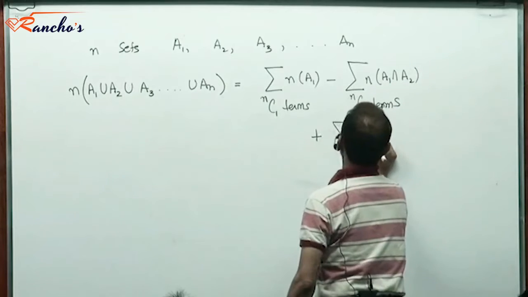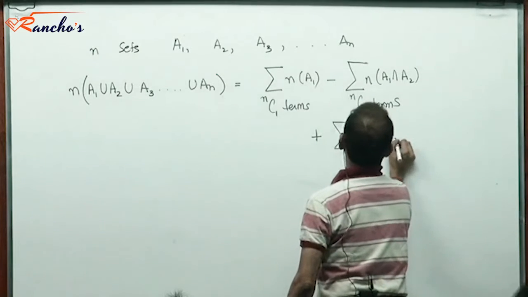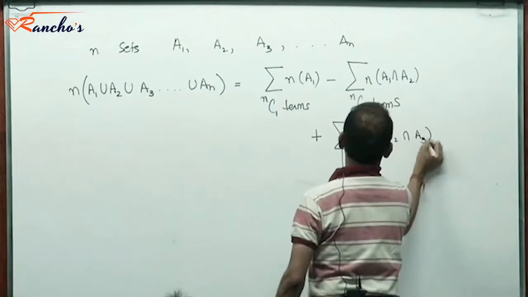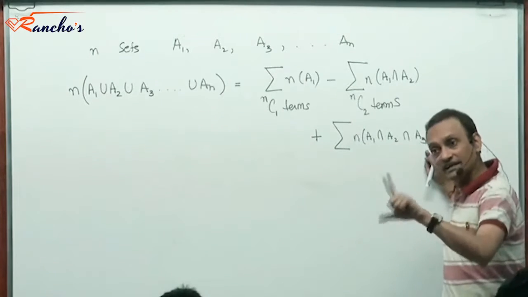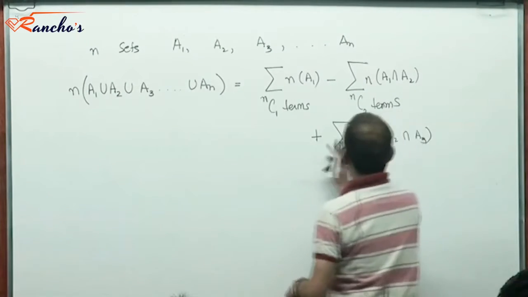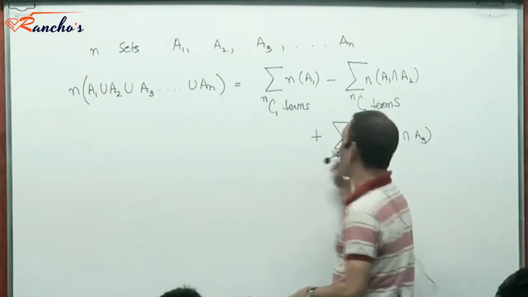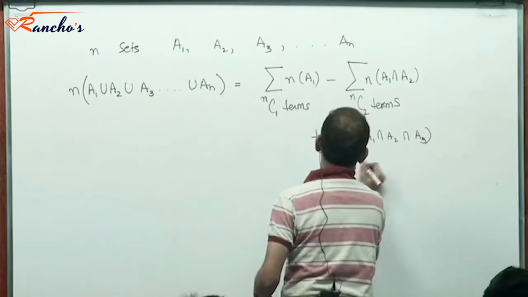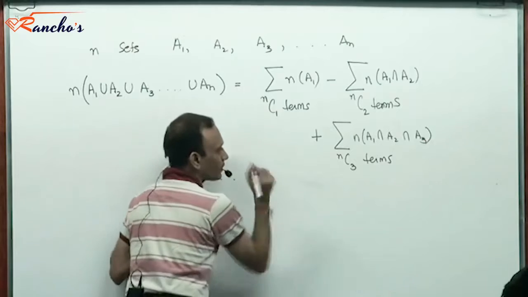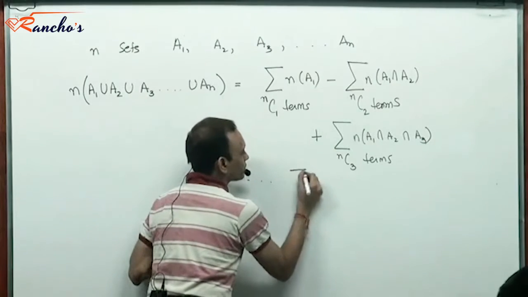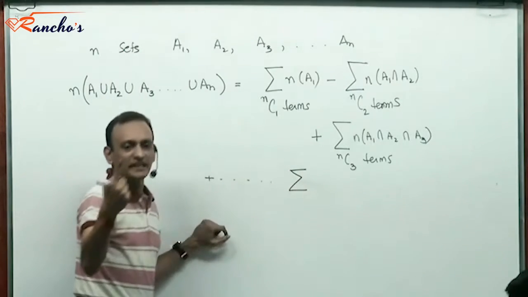number of elements in A1 and A2 and A3. That means taking 3 at a time. So NC3 terms will be there in this summation. And the sign alternates. See, minus 1 to power 3 minus 1. NC3 terms. Going this way. And then you have a term taking R sets at a time.